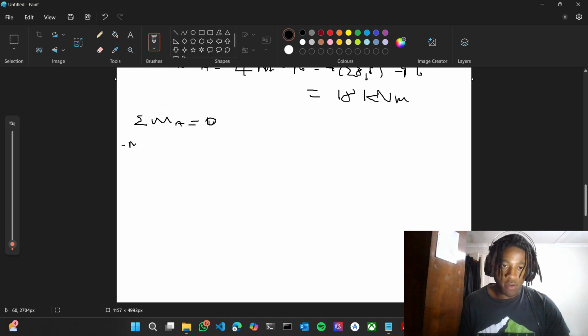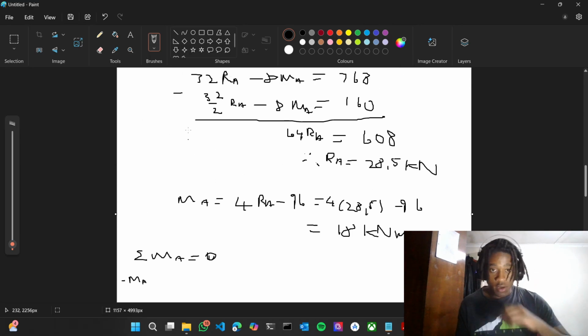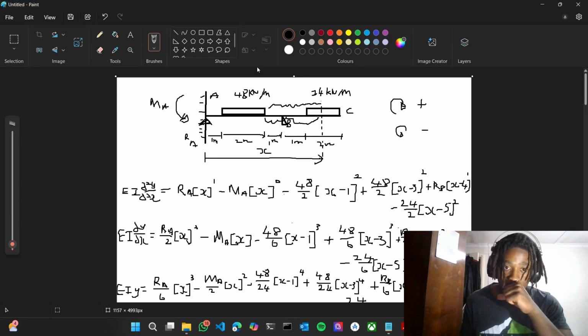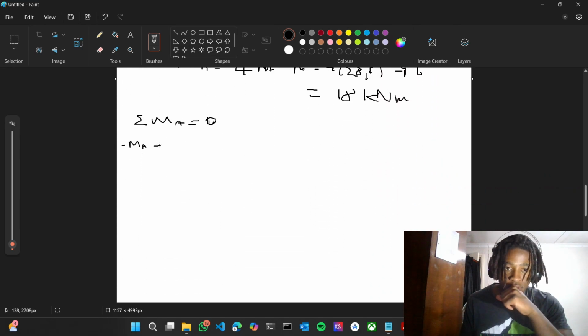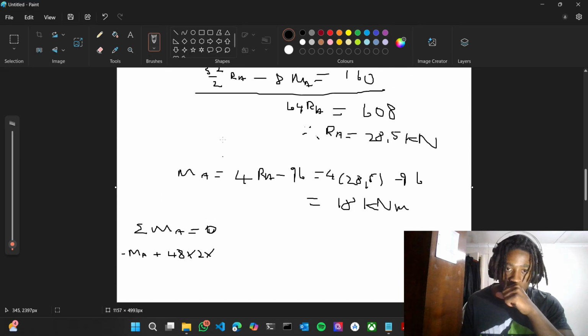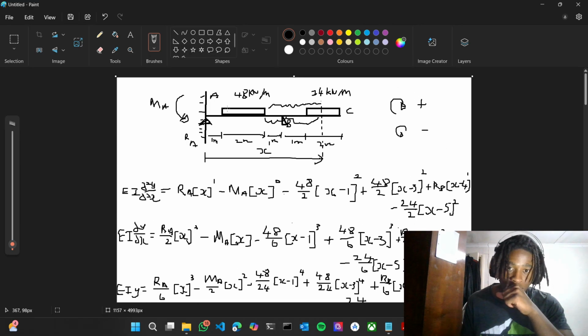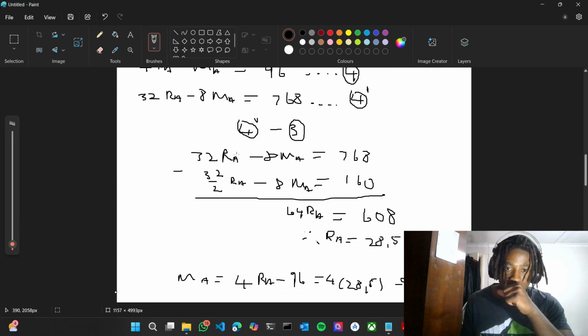So we know that MA is negative. We know that this is going to produce a clockwise moment, so it's going to be positive. So that's plus 48 by 2 by, what's the distance this time? 1 plus halfway here would be 1, so it's 2 again.